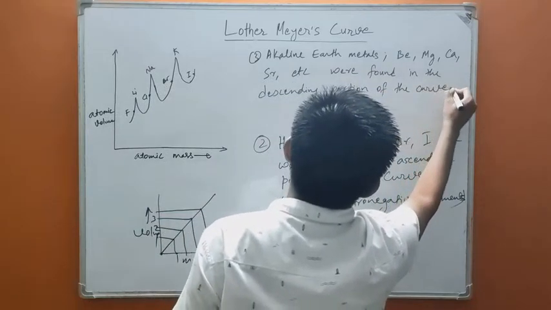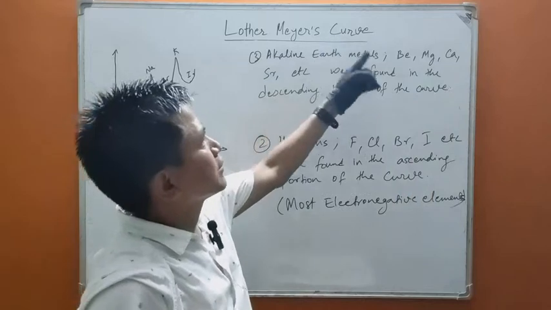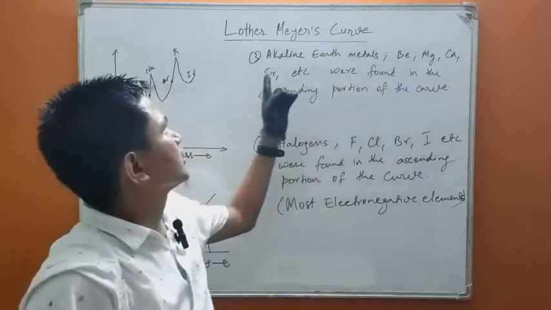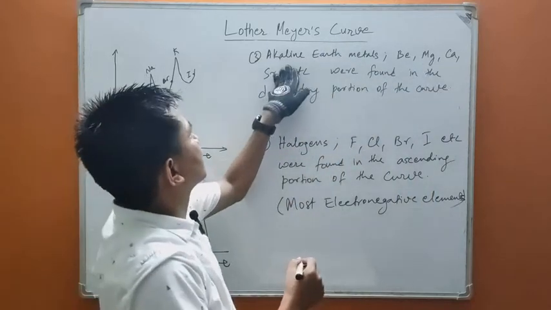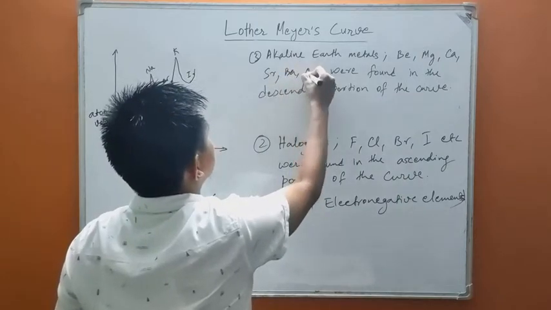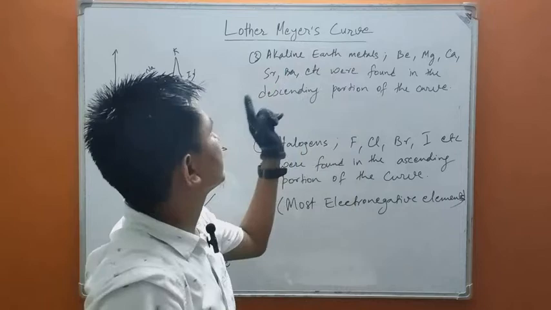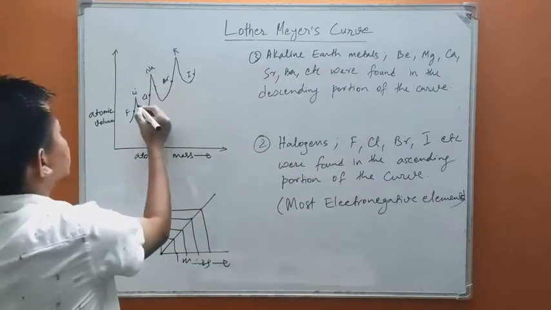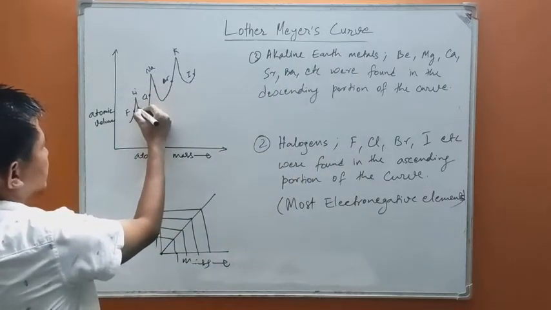Alkaline earth metals like beryllium, magnesium, calcium, strontium, barium. You can write barium also here. Strontium, barium, etc. were found in the descending portion of the curve. Descending means this, isn't it?